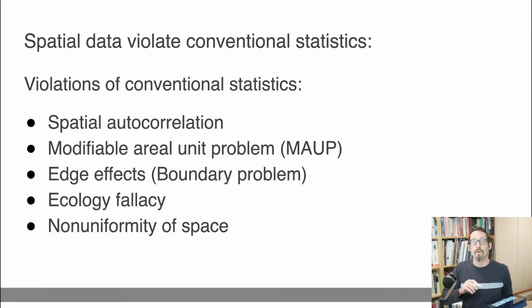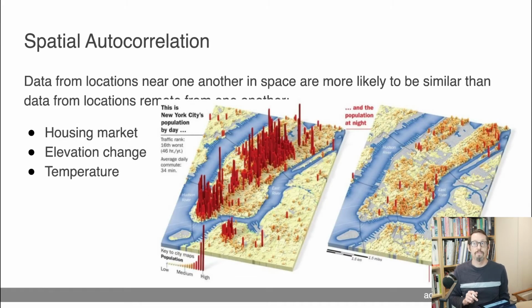Okay. When you're operating at the edges of maps, there's unique concerns, and there are various fallacies that mess up our ability to reason about statistics here. Okay. So let's get into it.